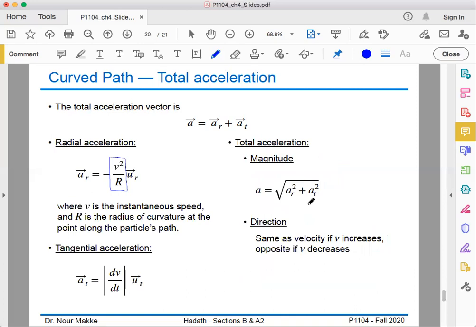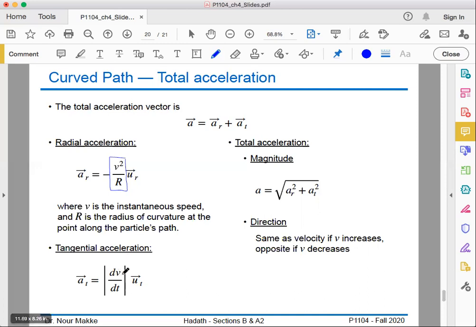The tangential acceleration now is defined by the derivative of the velocity with respect to time. Since the magnitude of the velocity is changing as a function of time, that means that we can define its derivative. And this is how we can define simply AT.